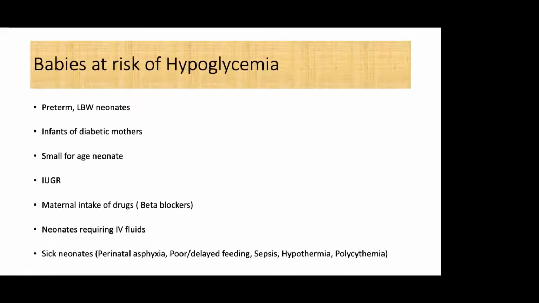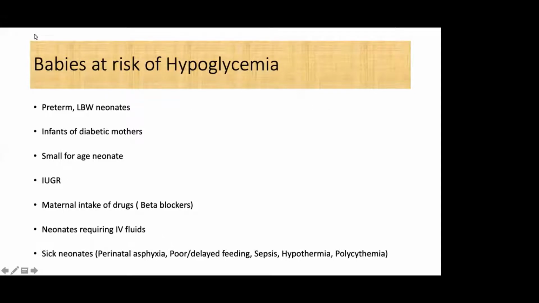Then coming to who are the babies at risk of developing hypoglycemia. Basically, in utero, glucose comes from the mother to the baby through the placenta by facilitated diffusion, and the baby produces its own insulin to regulate the sugar balance in the body. But after birth, what happens?